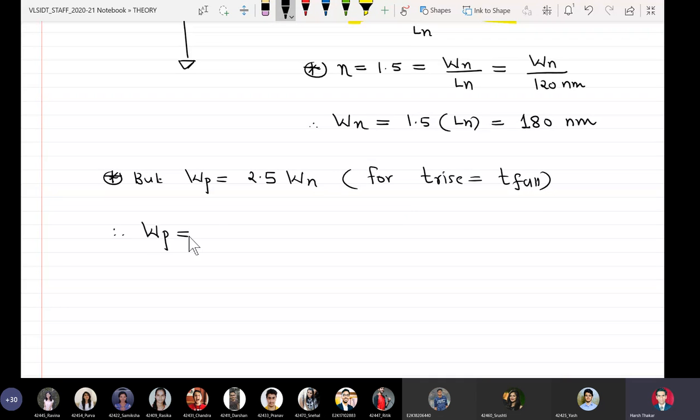Therefore, Wp is 2.5 times 180 nanometers, which comes out to be 450 nanometers. So our design is over.